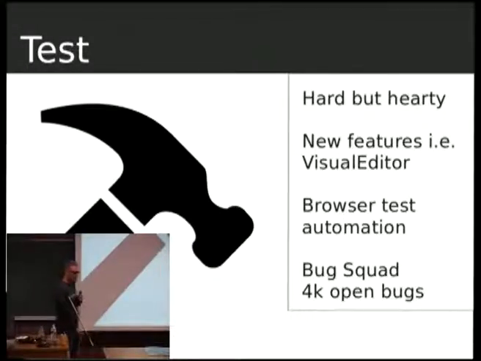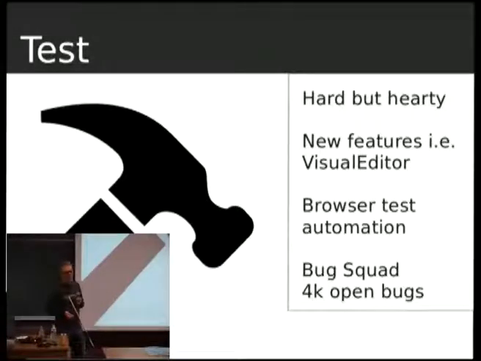So you can get involved, for instance, in testing of these new features, or you can also get involved in browser testing, automated testing, regression testing. Of course, if we want Wikipedia and related projects to be for everybody, this means plenty of browser versions, platforms, form factors, etc. So there's plenty of automated testing as well in our work. We have more than 4,000 bugs.